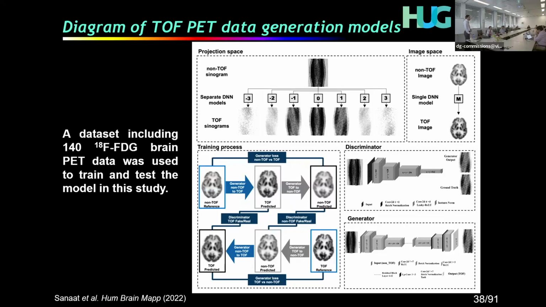Yeah, that's right. So you are asking why we don't do the diagnosis directly from our low-dose images instead. The problem is, first of all, for many of the cases, we are not looking for a lesion. Sometimes we are looking for patterns. For example, for amyloid or tau imaging, we really want to see the pattern of the radioactive distribution.